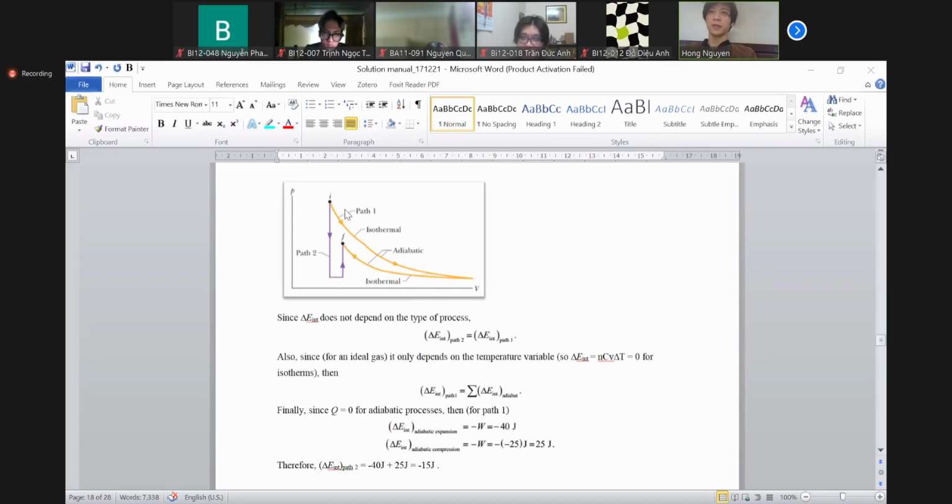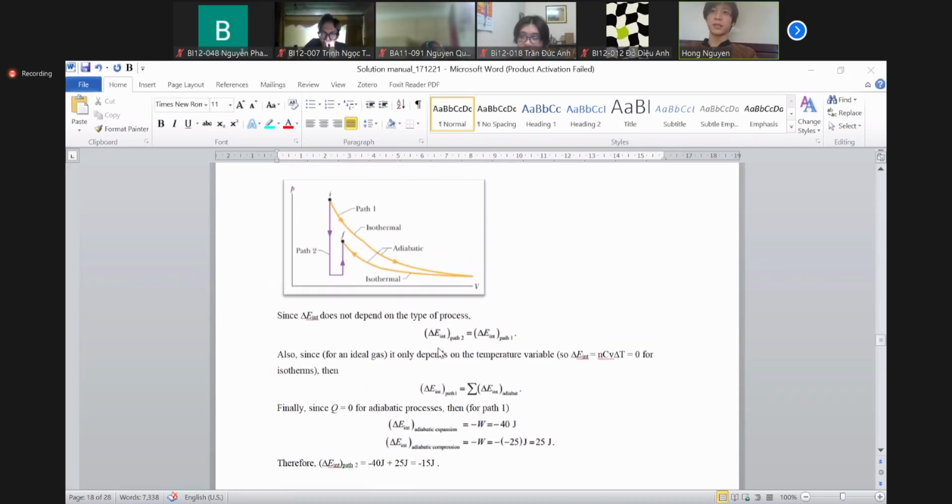But the characteristics that we know belong to path 1. What do we have for path 1? We have an isothermal process followed by an adiabatic process followed by another isothermal and another adiabatic process. Good.